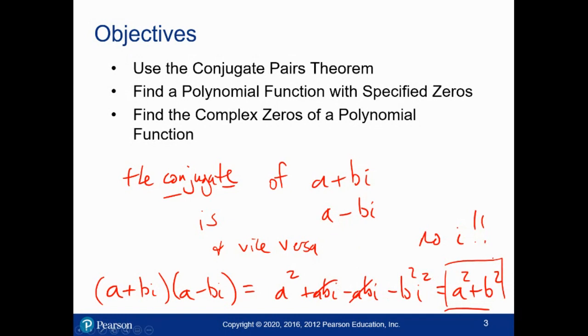Okay. So the conjugate of a number, if you multiply it, is going to cancel out all of the i's, all of what's called the complex part. Okay. So in a plus bi, a is called the real part, and bi is called the complex part.